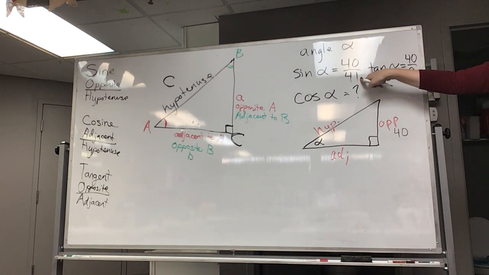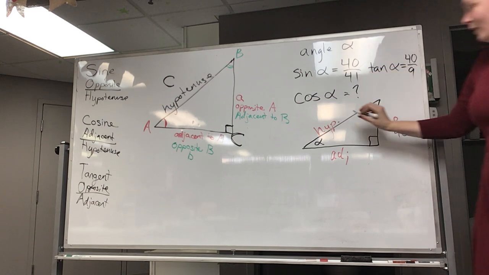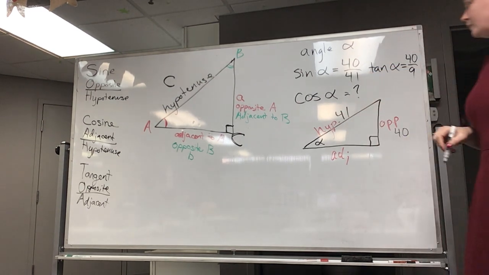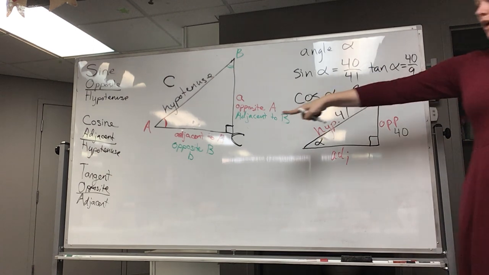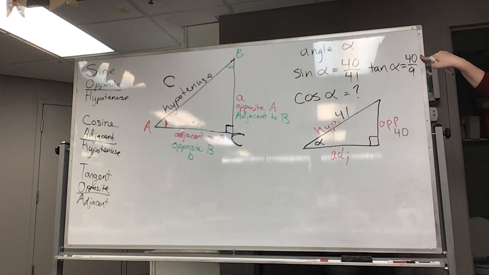Over hypotenuse, what's our hypotenuse? 41. You could have the Pythagorean triple, but that's not really useful on this one. The tangent is again opposite over adjacent. Our opposite is 40 again. We've already got that one. But our adjacent, what is it? 9.